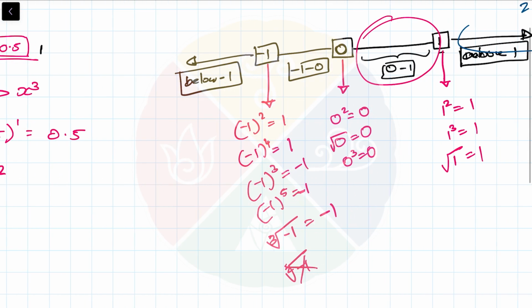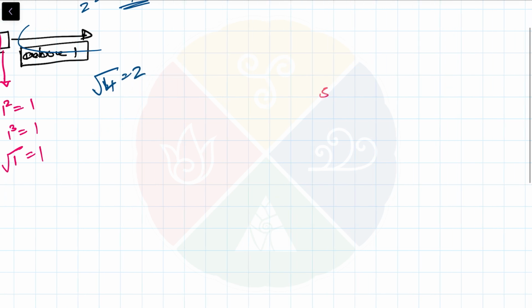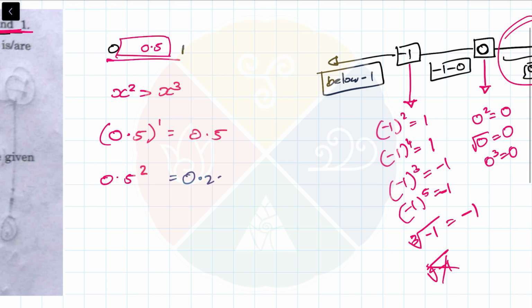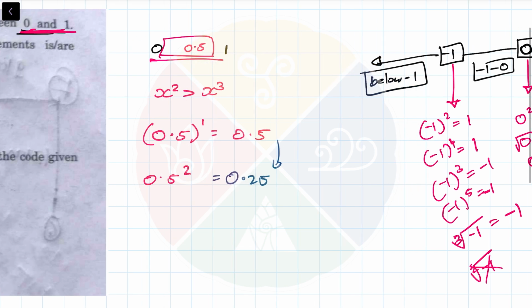What is 0.5 squared? 5 squared means 5 into 5, that is 25. 0.5 squared means 0.5 into 0.5; there is one decimal place in each, so the result has two decimal places. It's going to be 0.25. See, the value reduced.